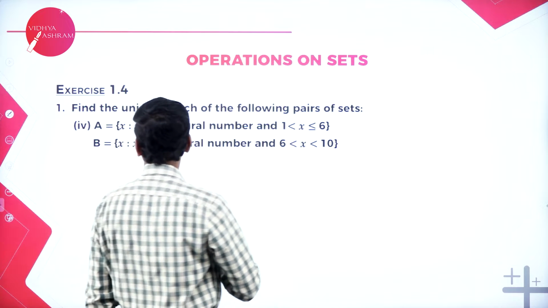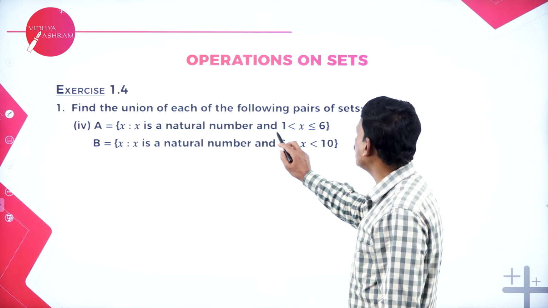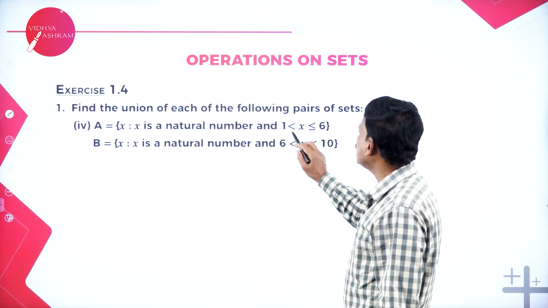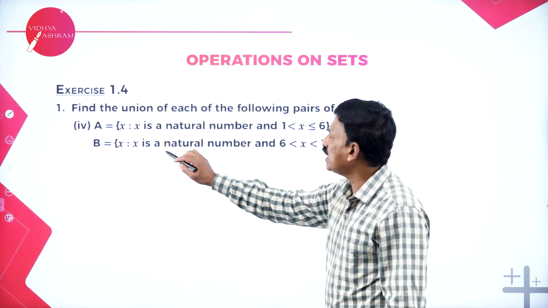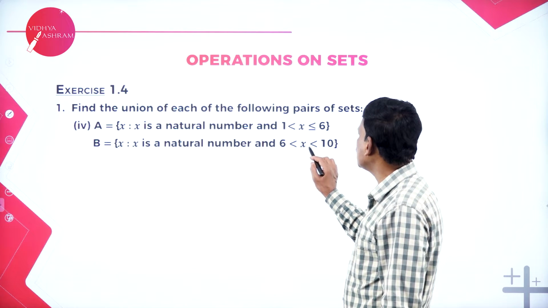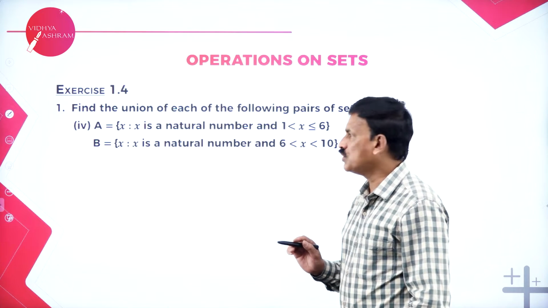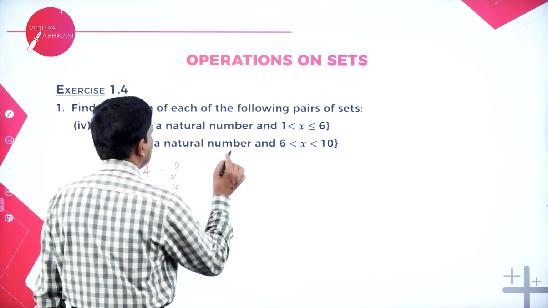Now, let us come to the next set. Find the union. So, what is given? A is x, a natural number, and x lies between 1 and 6, and B is x, a natural number, 6 less than x less than 10. So, write down the elements of the set A. What is given for A?